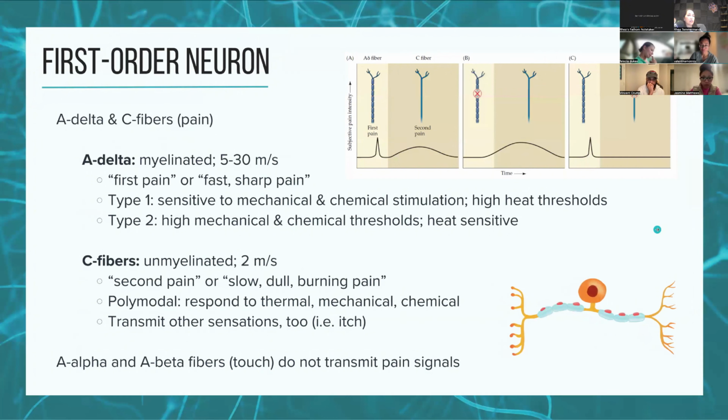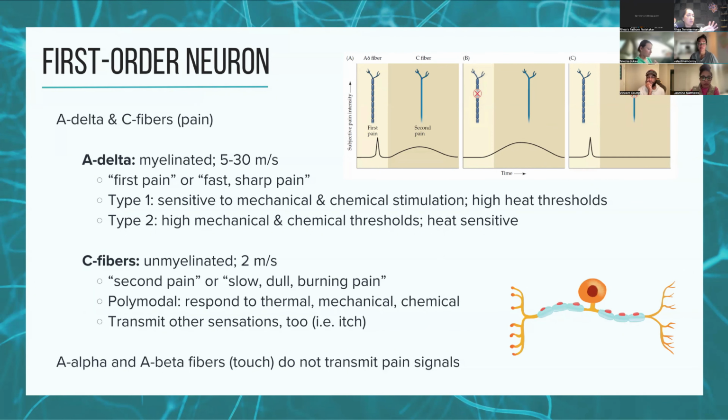So, first order neurons. Now we know that the neurons are categorized into this A, B, and C classification system based off of how big they are and if they're myelinated or unmyelinated.